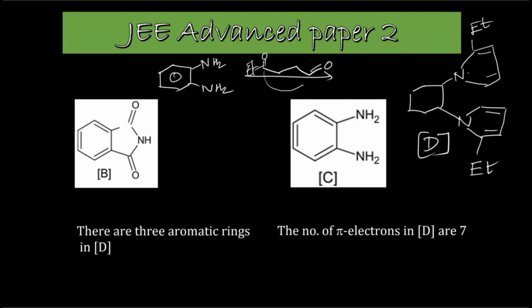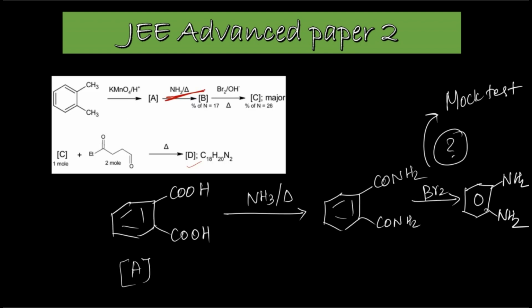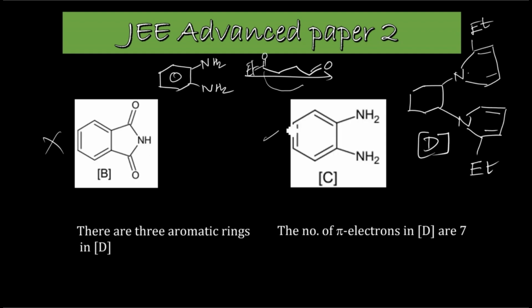Great. So which of the following is correct? Our B is not this, so this is not our answer. What about C? This is our C. This is correct.